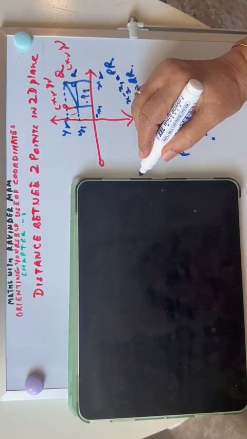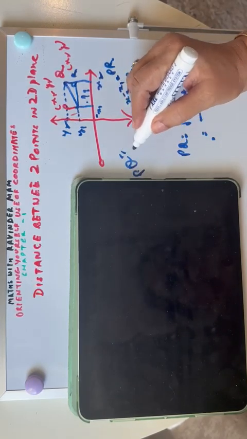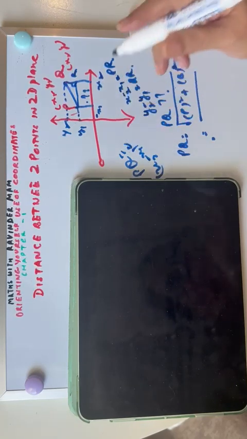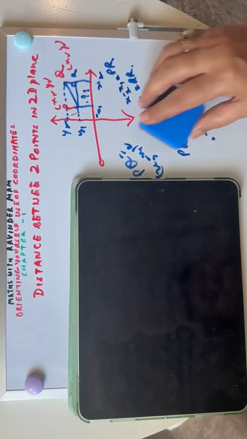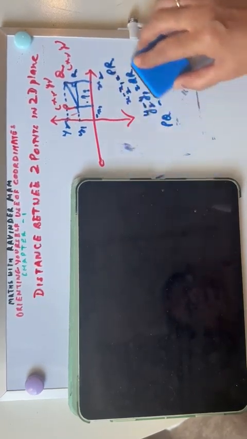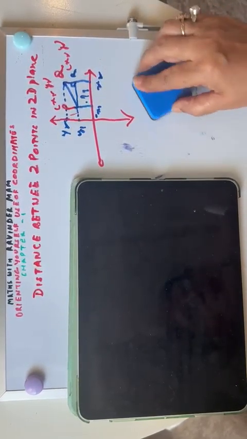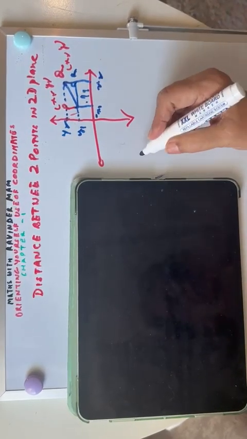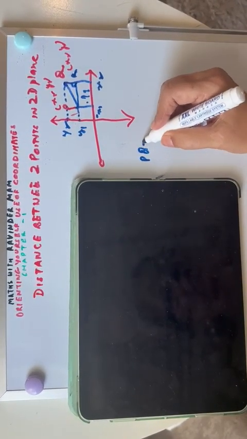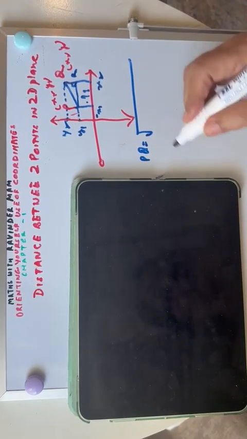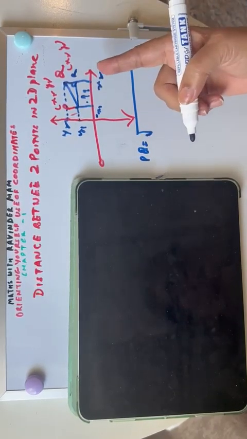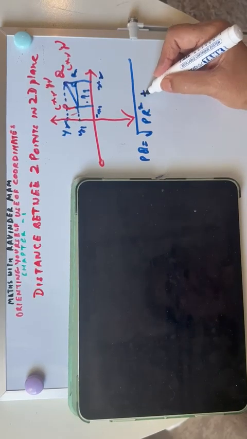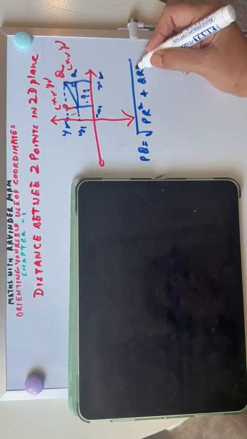So PQ is equal to under root PR square plus QR square.